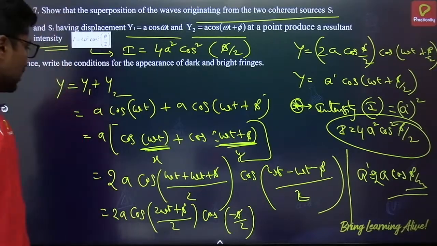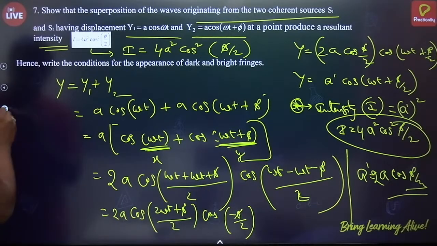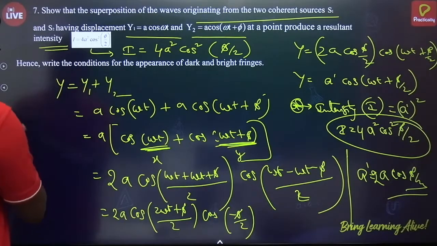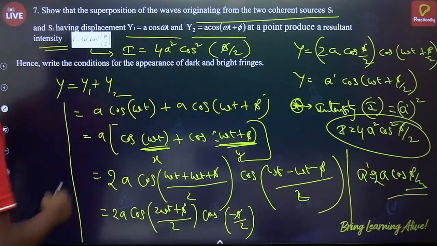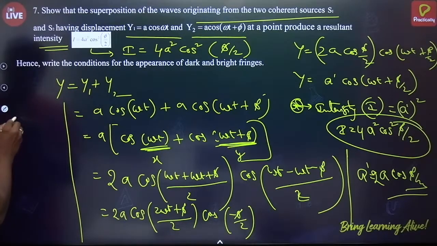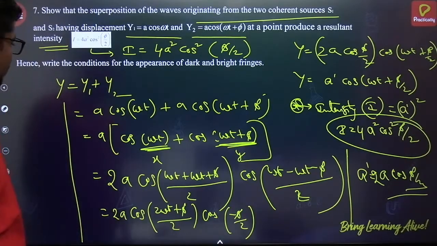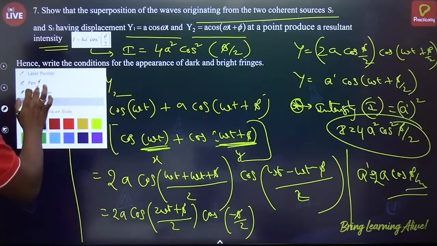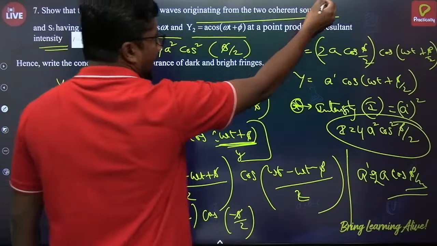We can show it. So then conditions here, I will write conditions. Constructive interference condition. For constructive interference, that means bright fringe, when will you get it?